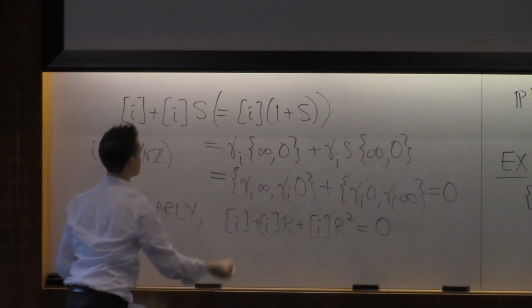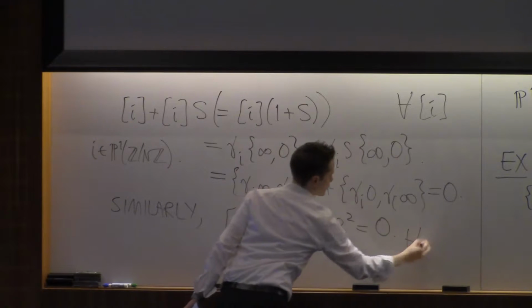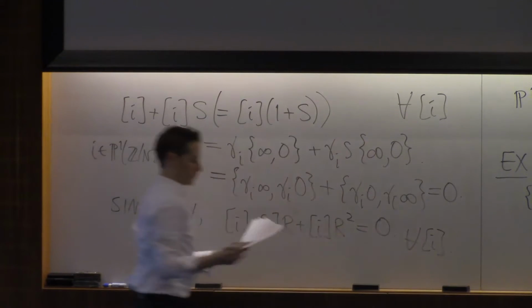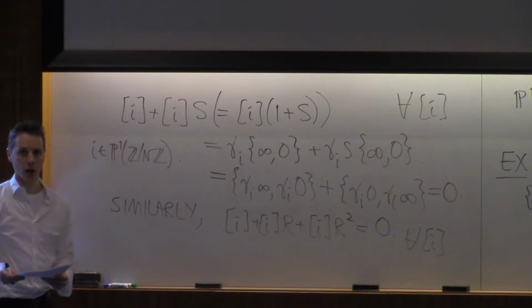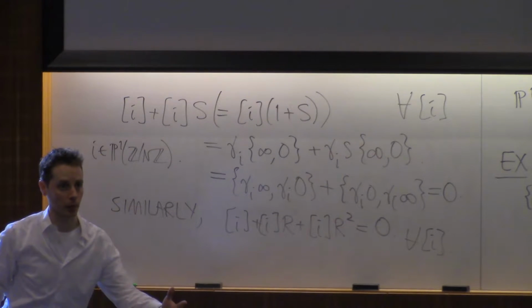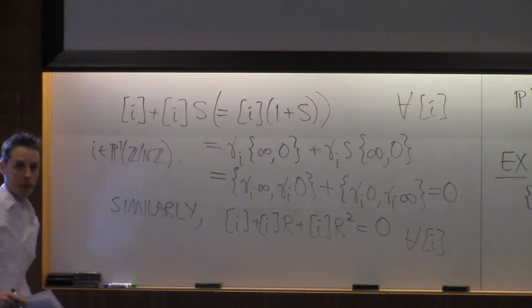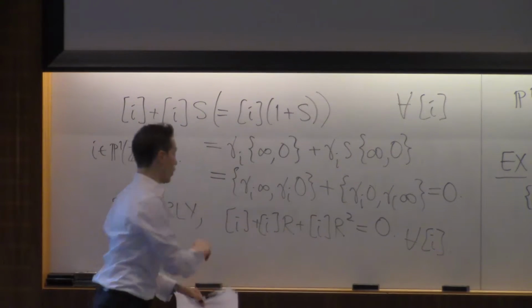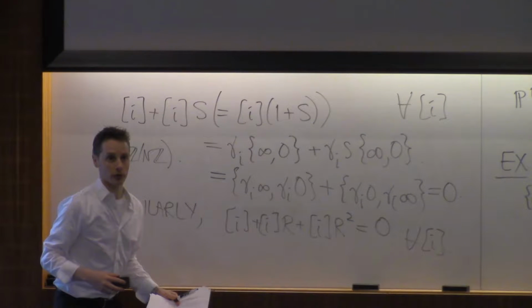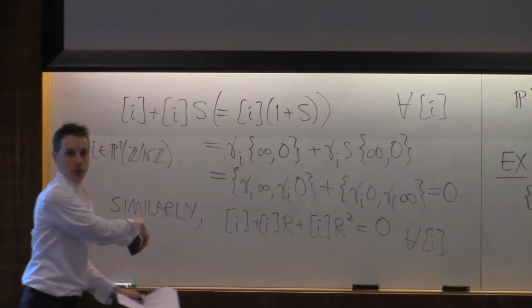This is for all I. Okay, so we just produced relations among our Manin symbols. You guys got that? Okay, guess what the miracle theorem is? These generate all relations. Just these guys. Amazing, right?